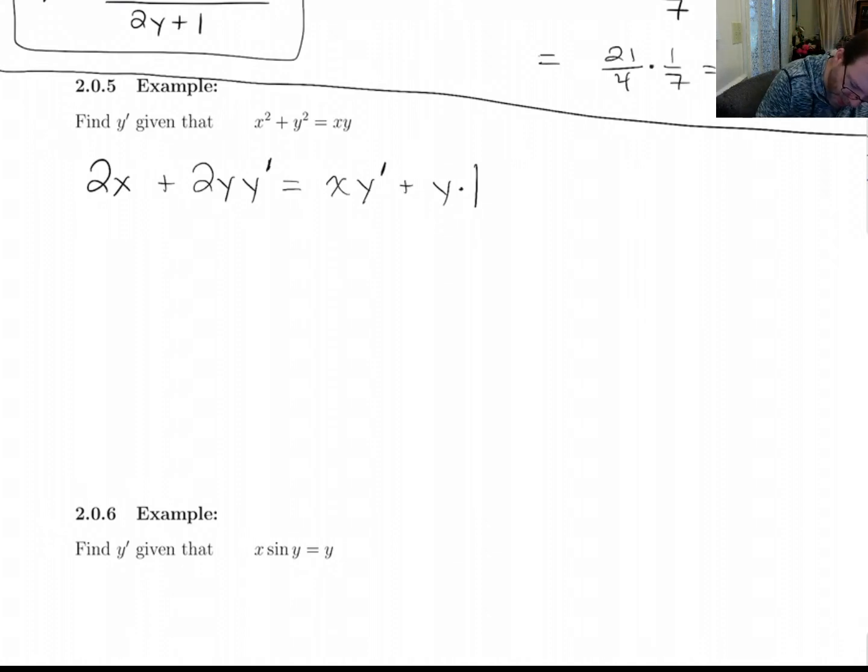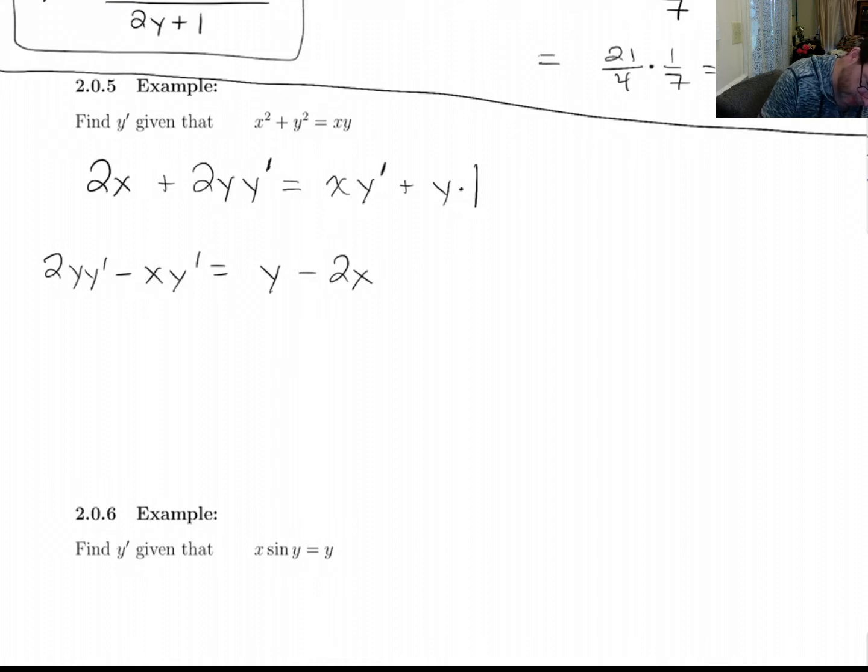So let's solve for y prime. I'm going to move my y primes to one side. Tell you what I'm going to do. Let's move the y prime over there and the 2x over there. So I get 2y prime minus xy prime equals y minus 2x.